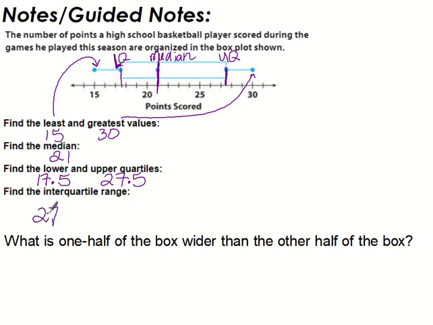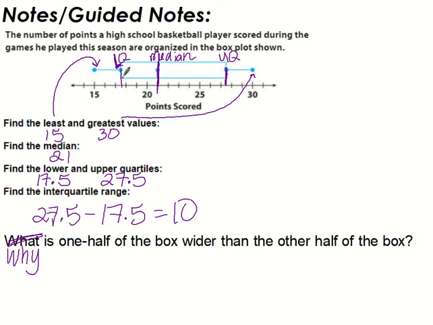So we're going to go 27 and a half, and we're going to subtract 17 and a half, and we're going to get exactly 10. Just like the range, it's also still just telling us how spread apart the box is. That's all it's saying. My question down here says, what is one half of the box wider than the other half? It should have said why. So can you change that word to why? Is one half of the box wider than the other half of the box?